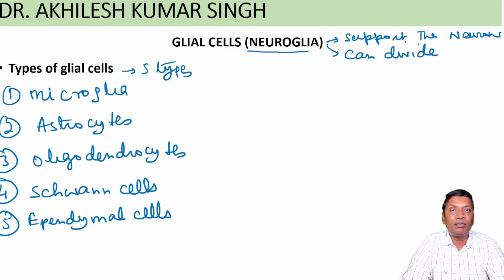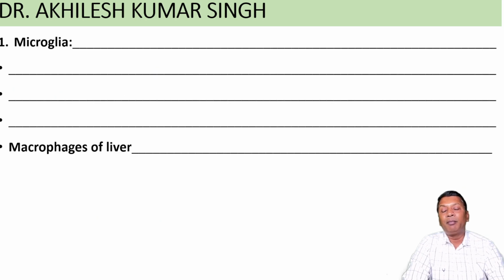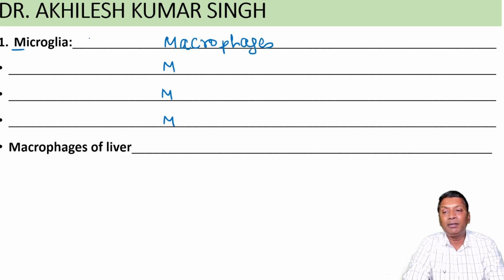So coming to the first one, that is the microglia. The word microglia begins with the alphabet M. Remember the 4 Ms about the microglia. The first M stands for macrophages.